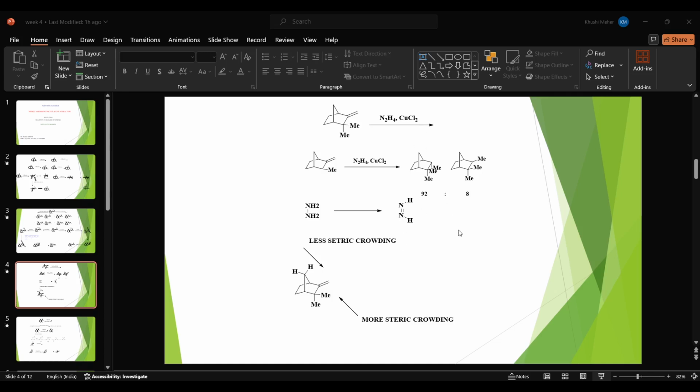Yes, C is the answer. If you see the answer, then it's C. This one is our answer. Okay, but how will it work?